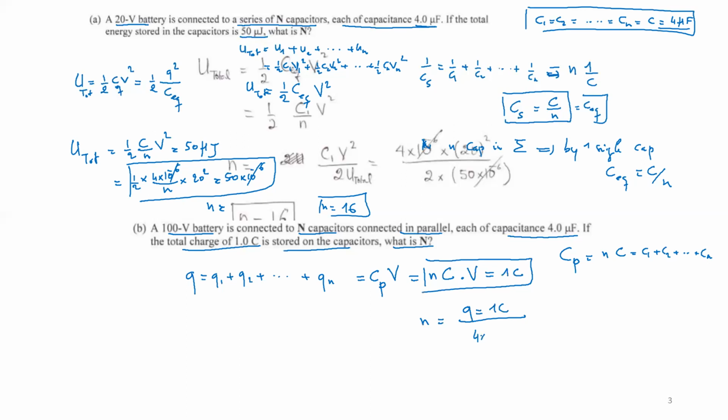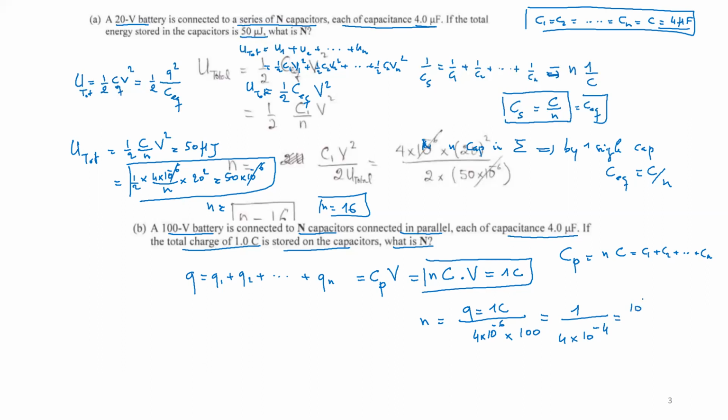So it will give you 4 microfarad multiplied by V. How much is V? 100. So you get 1 coulomb divided by 4, 10 to the power minus 4.